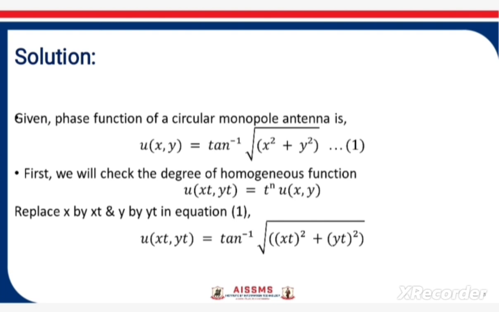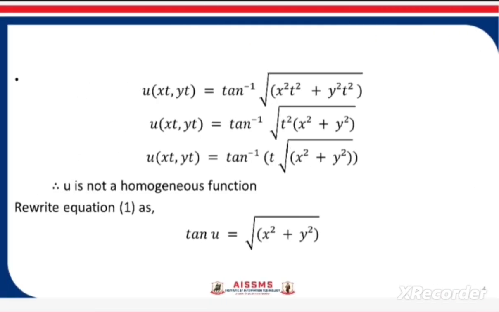Now we simplify: tan inverse square root of x square t square plus y square t square. We take t square common: tan inverse square root of t square into x square plus y square. Square root of t square is t. So u of xt, yt is tan inverse of t into square root of x square plus y square. But this is not the original function u of x y. So we can say here u is not a homogeneous function.